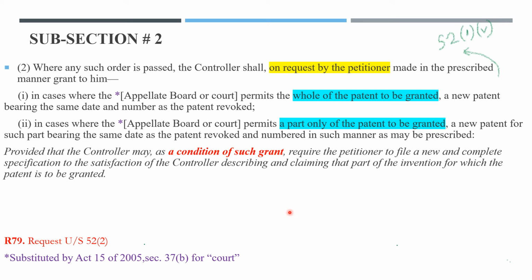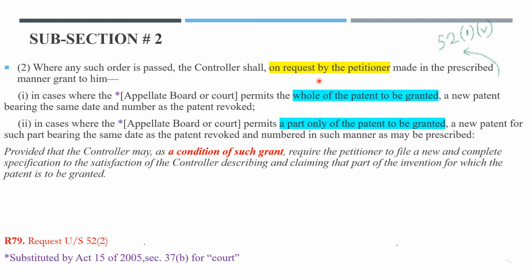Fine. Okay, so now let us find here what is the key point and the gist of this subsection. The key phrase here is on request by the petitioner. So we can say where any such order is passed. That means already we have discussed subsection 1.